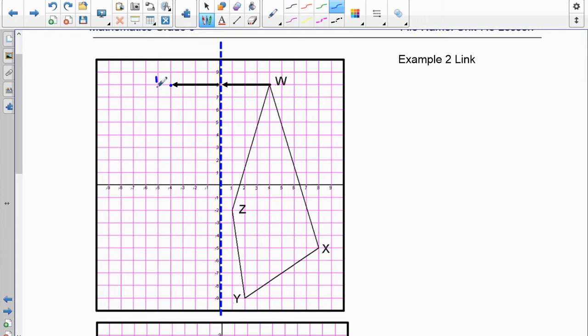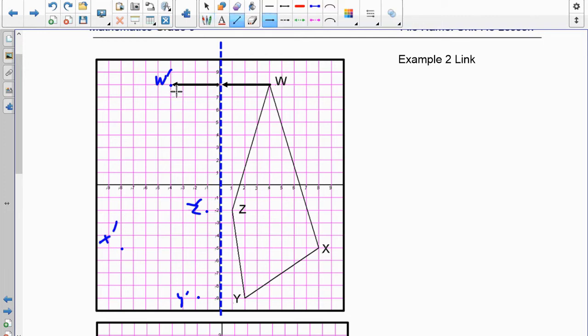And that's going to be W prime because it is the reflected point of W. Now Z is 1, so there's Z right there, and this is primed. Y is 1, 2, 1, 2. There is Y prime. And this is at 8, so it's going to go all the way across to the 8 over here. And that will be X prime.